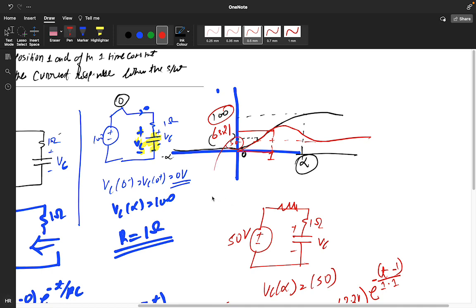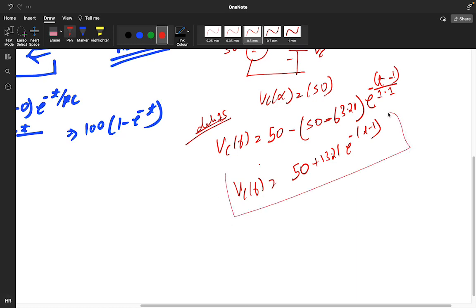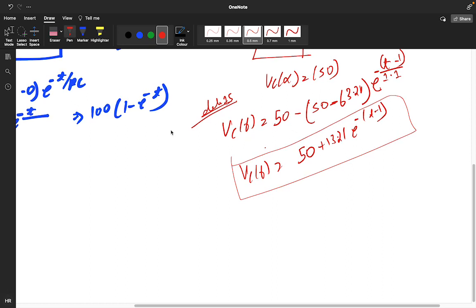But in the question, they had asked for the value across the capacitor, but they had asked for IC of t. So no problem, I is equal to C dV by dt.